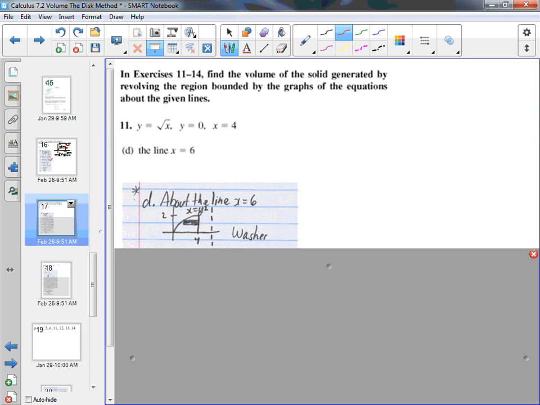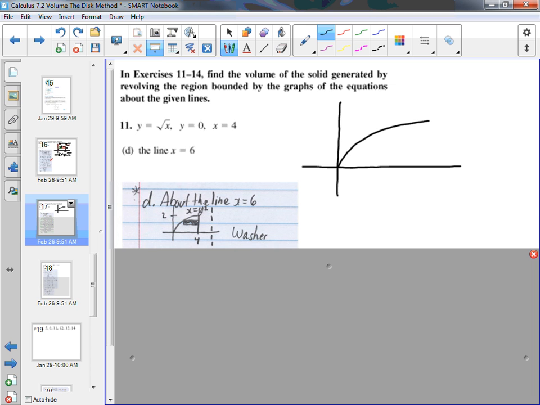Oh, it's still number 11. At least I know what the graph's going to look like. This time, the only thing that changed is the axis of revolution is now the line x equals 6. It is, isn't it? All right, so we know that.